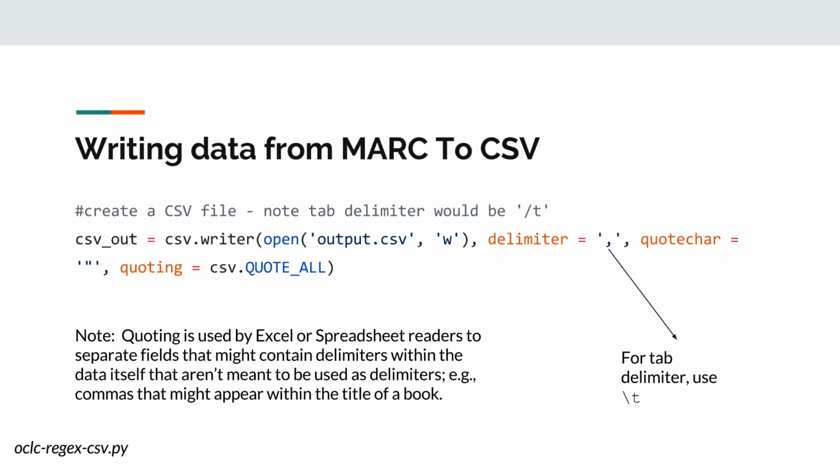And then a quote character. So this is also something that you'll use in Excel. So let's say that you're using a comma delimiter. When you open that file in Excel, without the quoting, if there was a random comma in a field, which is totally possible, let's say you're working with a whole bunch of titles and some book of poetry has a beautiful comma randomly in the title.